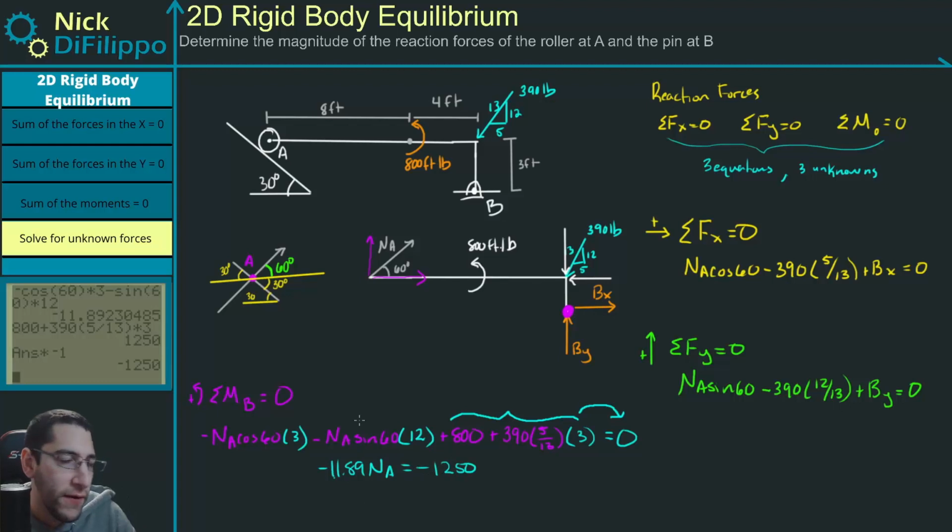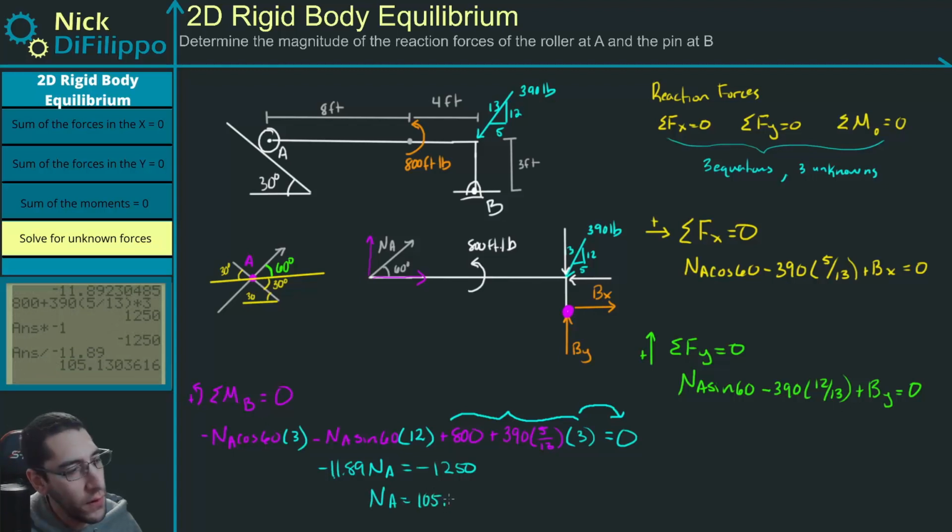Okay, we can solve for NA. We can divide by minus 11.89. And we get NA is equal to 105.1 pounds. When we look at this answer right here, this means this assumption was correct.